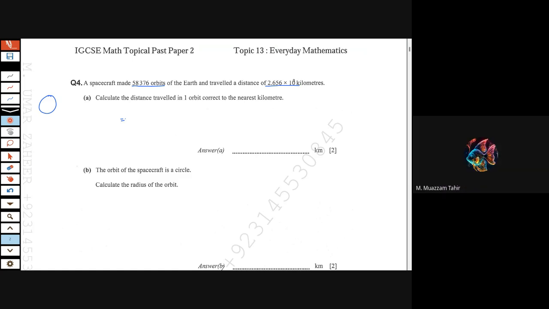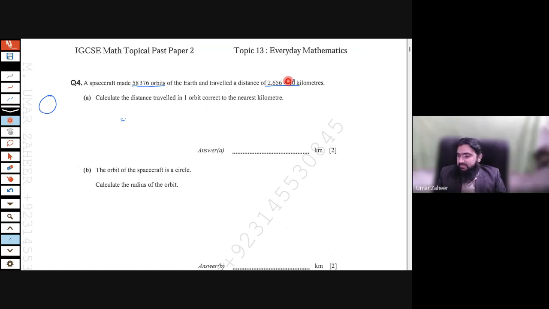By dividing the kilometers by the orbits. The total distance is given, and this is the number of orbits. Just divide the distance by the total number of orbits, so automatically you will get the distance of one orbit.